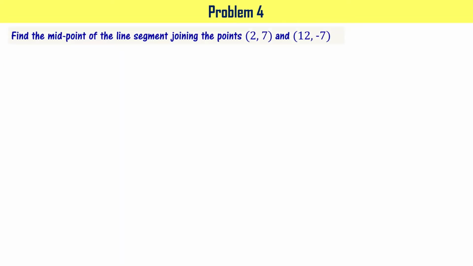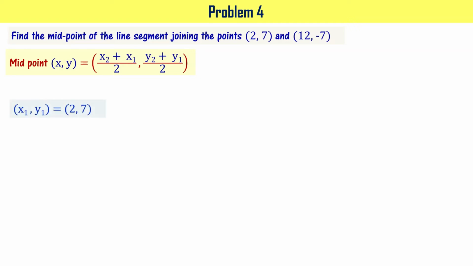The next problem is: find the midpoint of the line segment joining the points (2, 7) and (12, −7). We know that the midpoint (x, y) can be defined as ((x2 + x1)/2, (y2 + y1)/2), right? Let's say that (2, 7) is (x1, y1) and (12, −7) is (x2, y2).